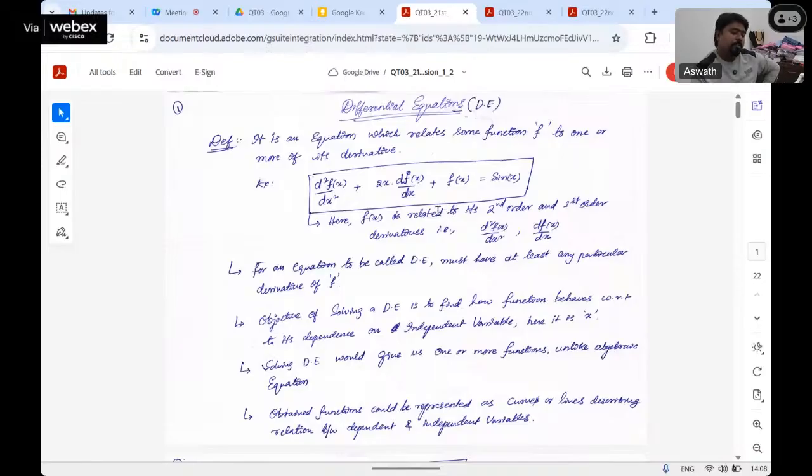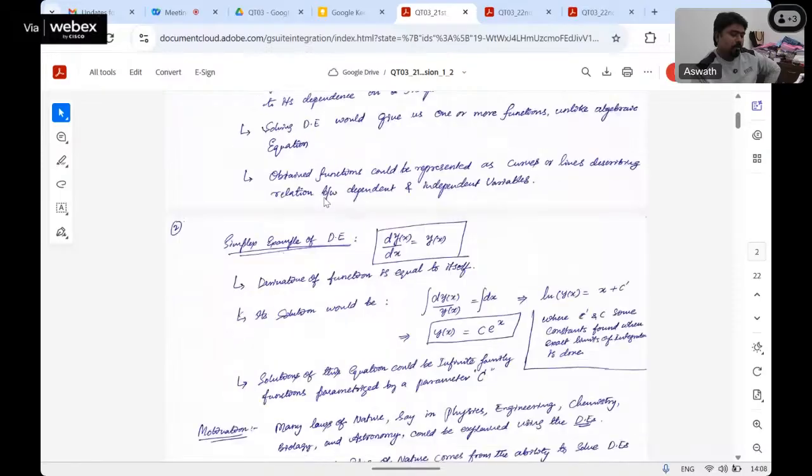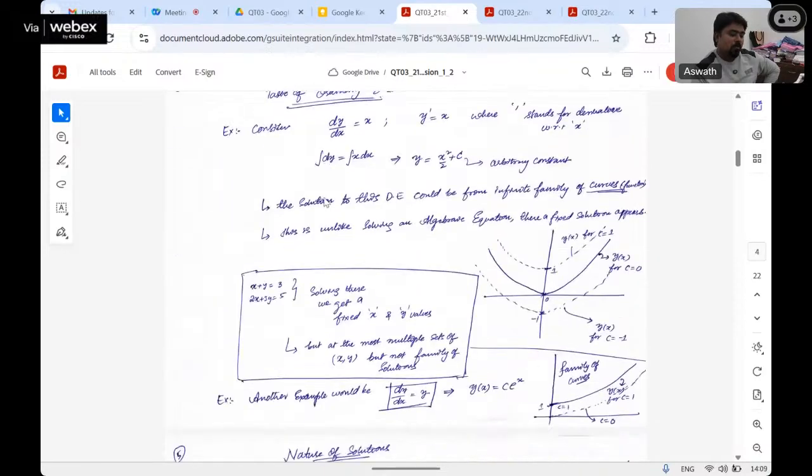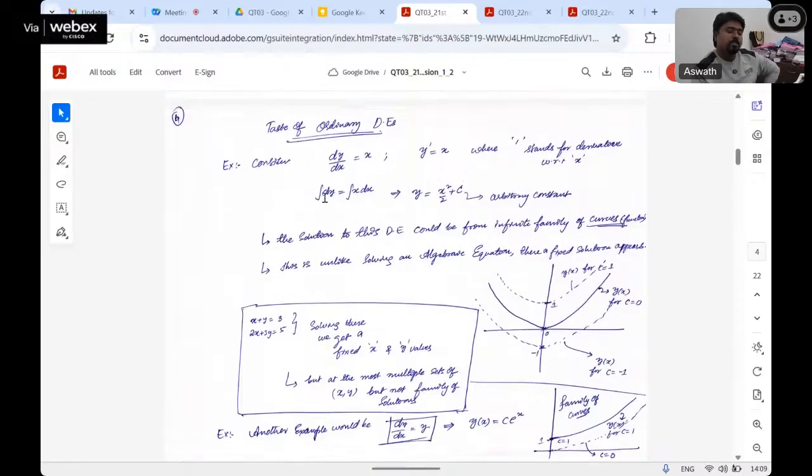If it is a second order differential equation, then the order of the derivative must be 2. The interesting thing, which we usually ignore or take for granted, is that if you solve differential equations, you would not get a single solution, you would get multiple solutions. A given differential equation can have many possible solutions, like one question having multiple answers.